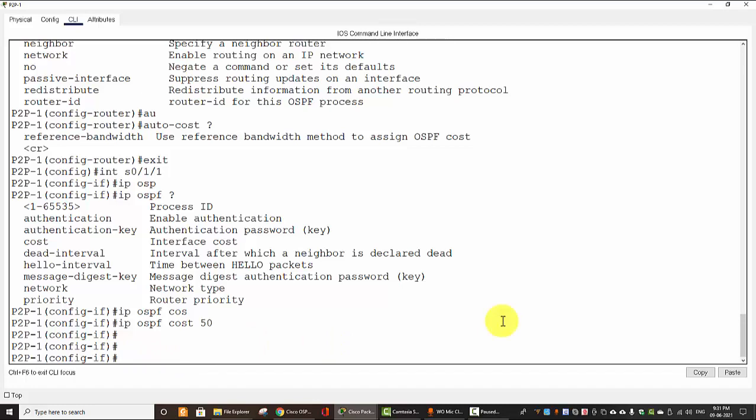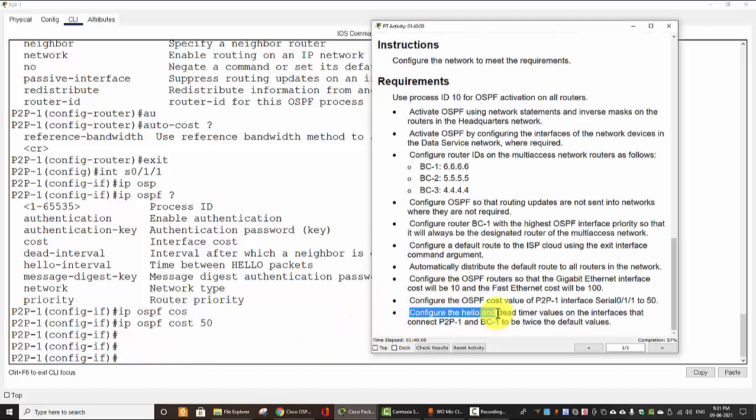That is it. And the last requirement is to configure the hello and dead timer values on the interfaces that connect P2P1 and BC1 to be twice the default values. The default hello timer is 10 seconds and the dead timer is 40 seconds. Now we should configure them to 20 and 80 seconds.